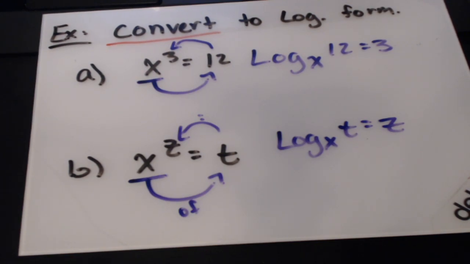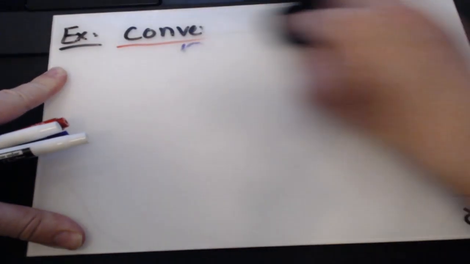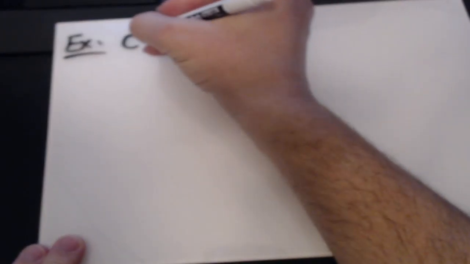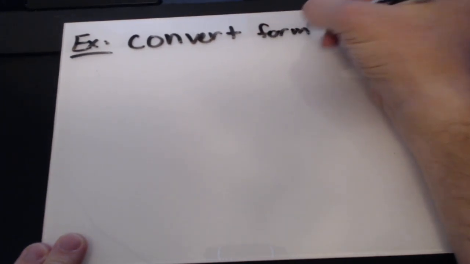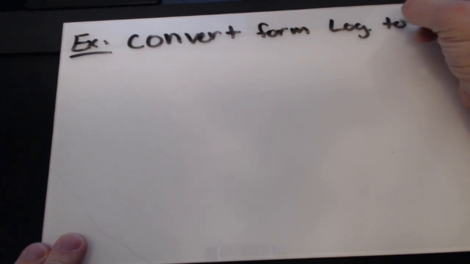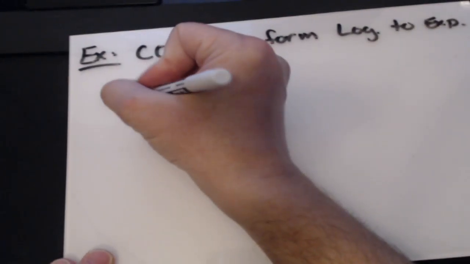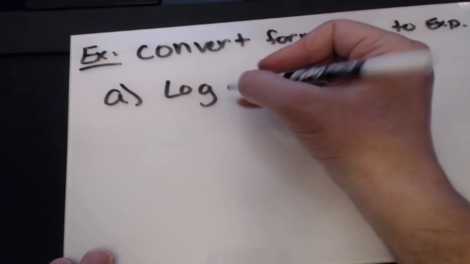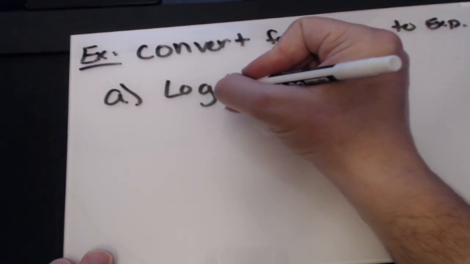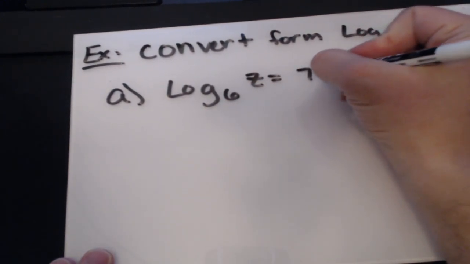You could go the other way and convert from logarithmic to exponential. All right, and you might have, A: log base 6 of z equals 72.